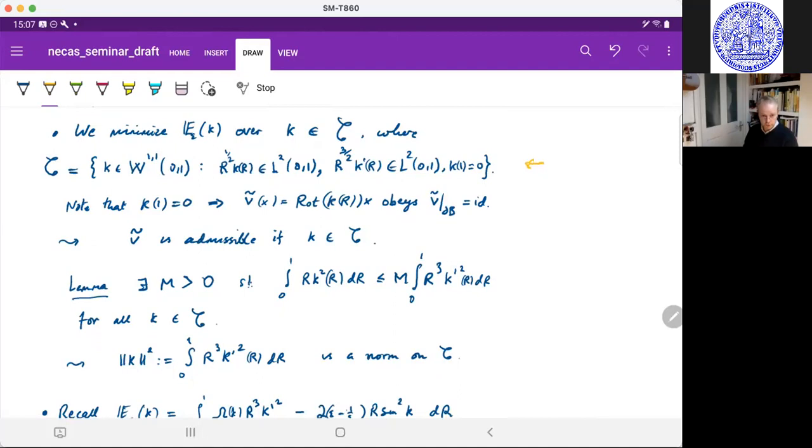And that's useful when you're trying to deduce some sort of compactness from a minimizing sequence.